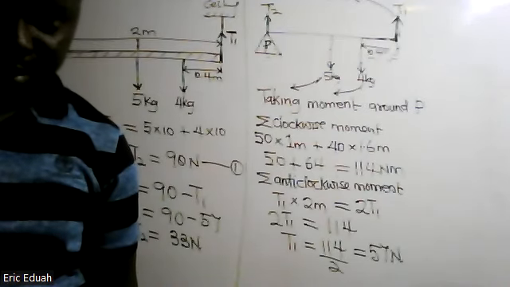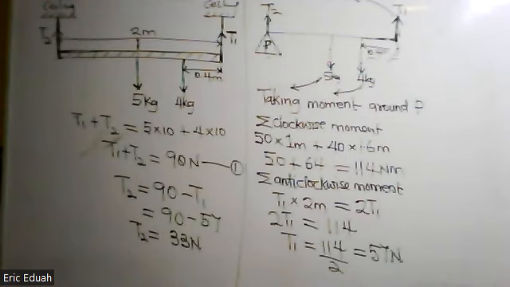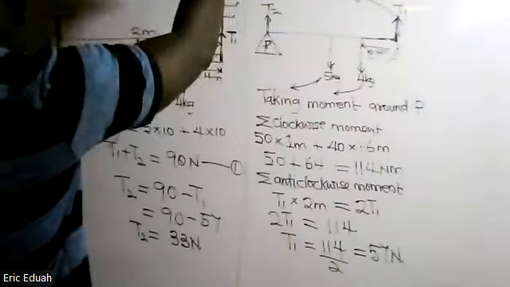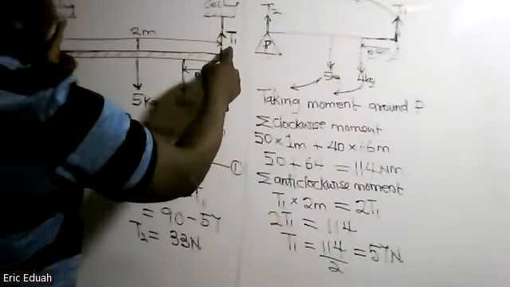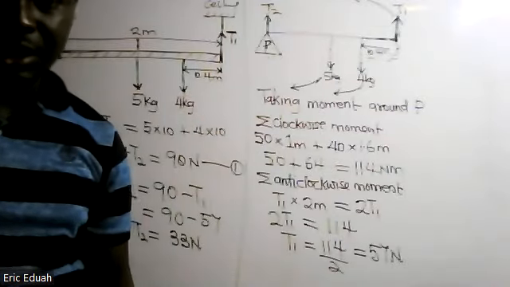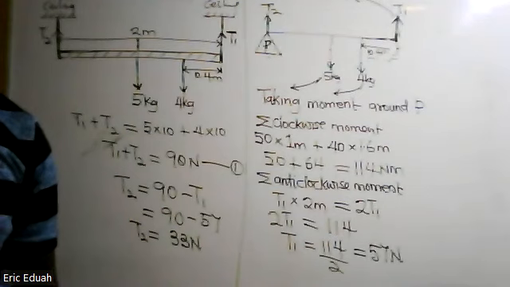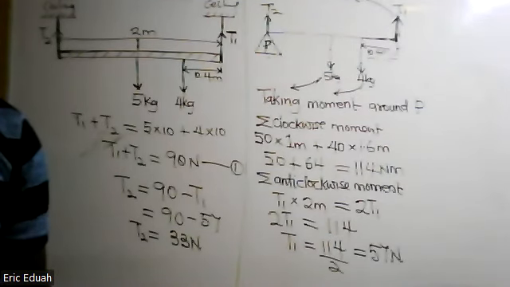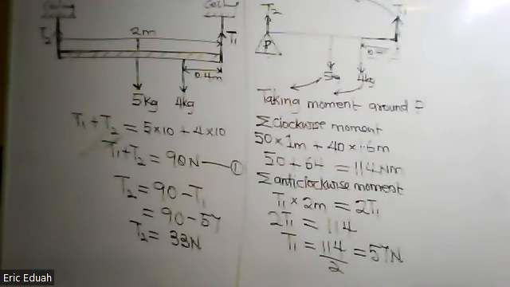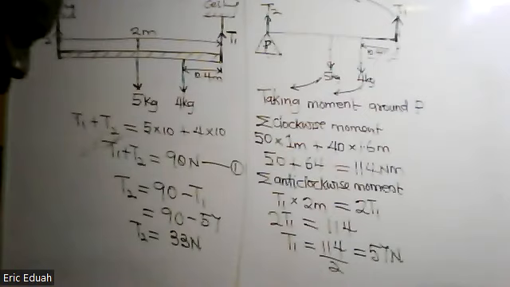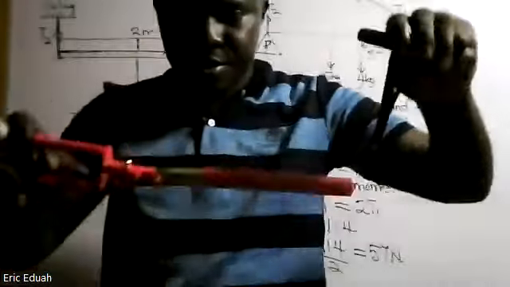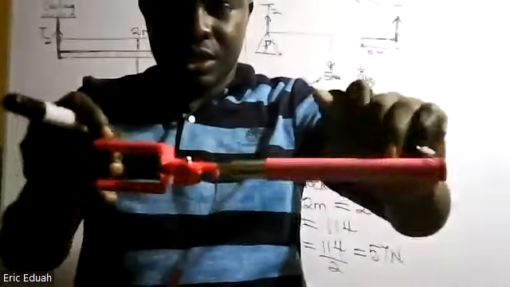Please, the T1, is it the tension in the wire? Yes, we have two wires supporting the rod to the ceiling. So T1 and T2 are the tensions within the wires which connect the rod to the ceiling. The concept is like this. I have this as the rod.